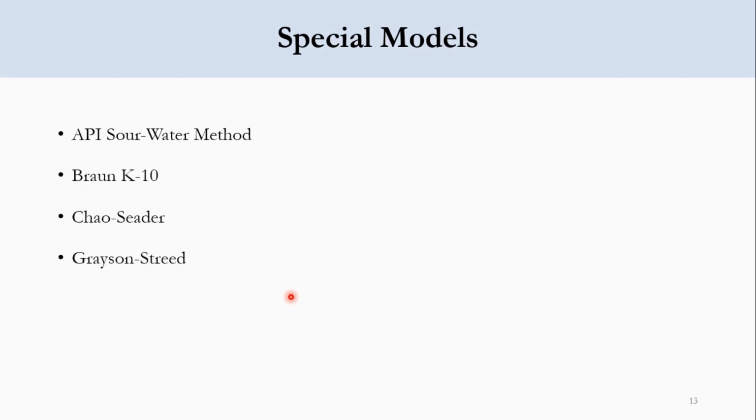Going to the special models: the API sour water method, Braun K-10, Chao-Seader, Grayson-Streed, Kent-Eisenberg, and steam tables. There are again different types available, but these are the three major classifications when we talk about property packages. So we conclude our lecture at this point, and in the next lecture we will see how we can select the suitable property package for particular applications.